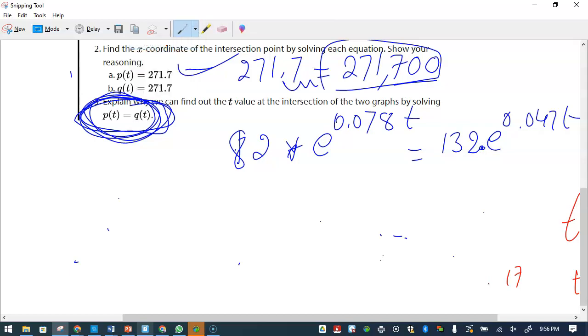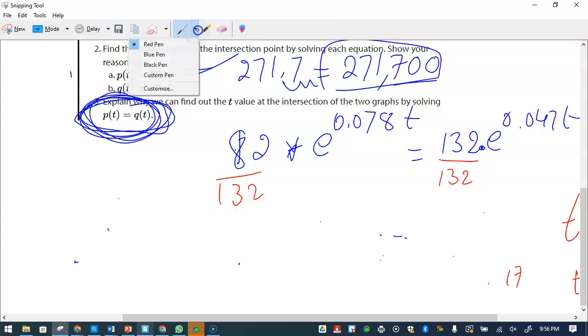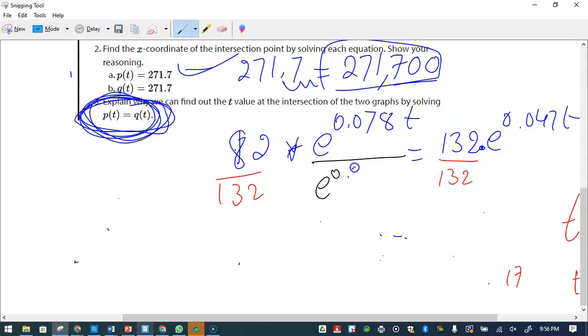What you can do is you kind of multiply 132 here and 132 here, and at the same time also divide, I'll use the black color, by this e raised to 0.078t, and here also e raised to 0.078t.